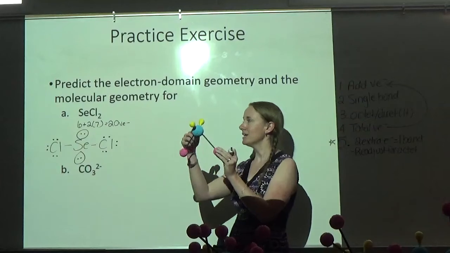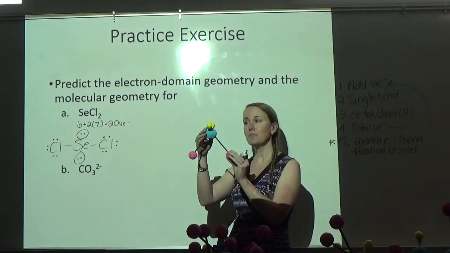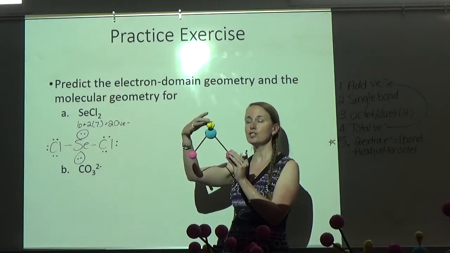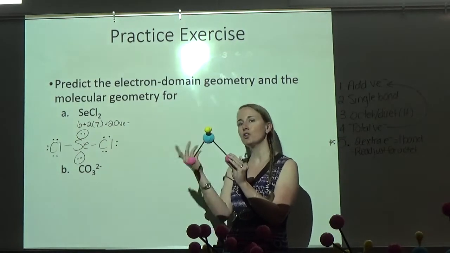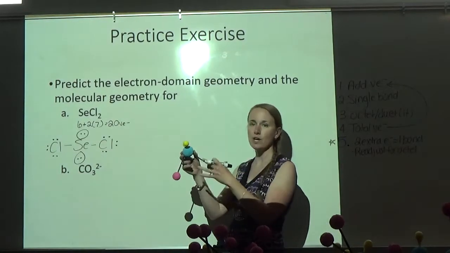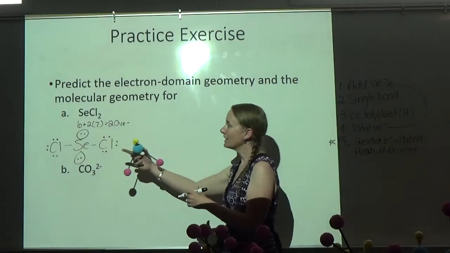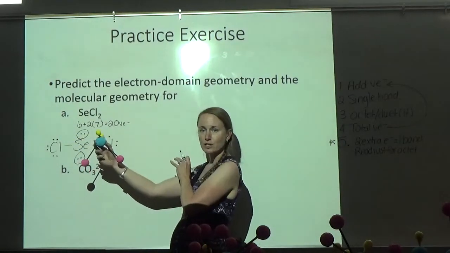You can draw this all in the same plane as long as you balloon out your lone pairs, because we're not as interested in lone pairs being shown as coming out or going back as we are the atoms themselves. So what I need to do is bend my Cl's down and keep my lone pairs near the top.